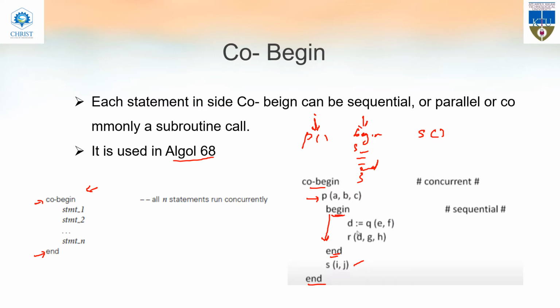Here you have written what you need to execute inside this. All the statements inside the begin and end will be executed sequentially, but this whole begin and end block will be parallel to function P and function S. Likewise, function S will be executed parallel.